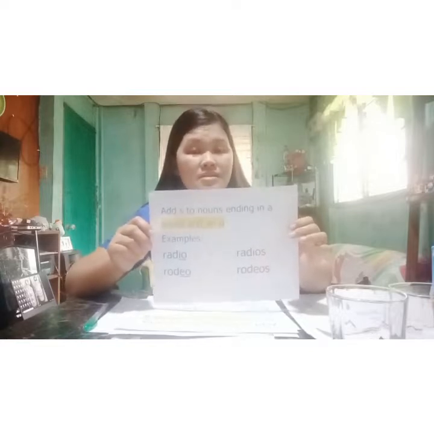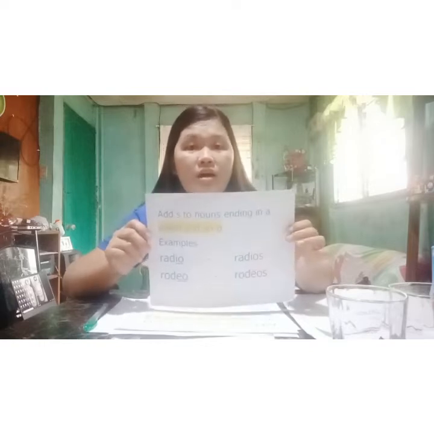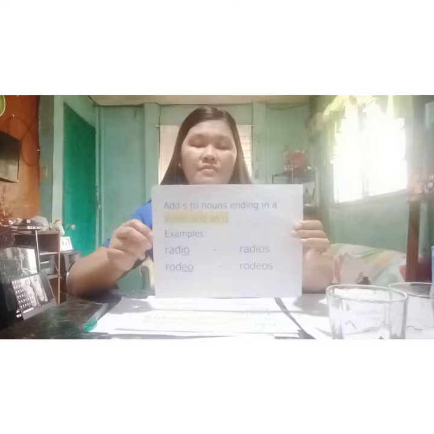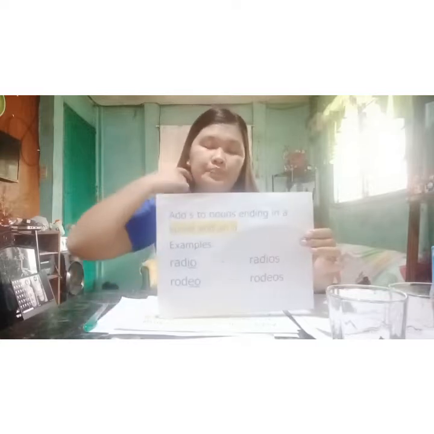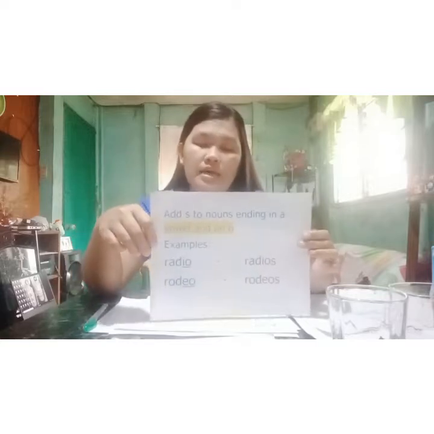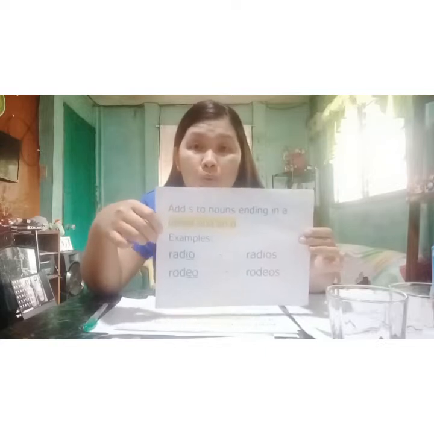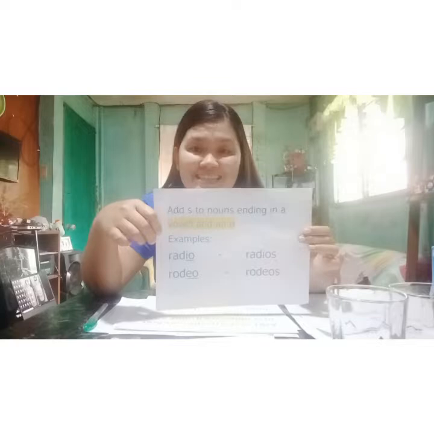And what are these vowels? We have letters A, E, I, O, U. And the rest of the letters, the 21 letters, are what we call consonants. So for nouns ending in a vowel and an o, you need to add s.